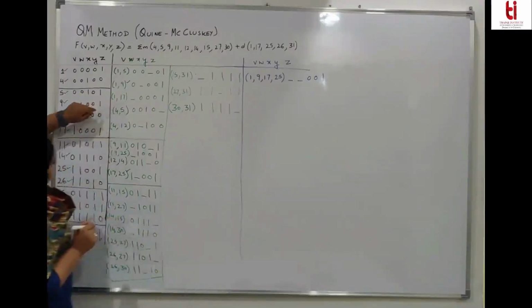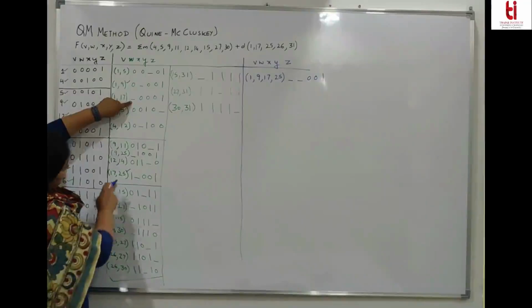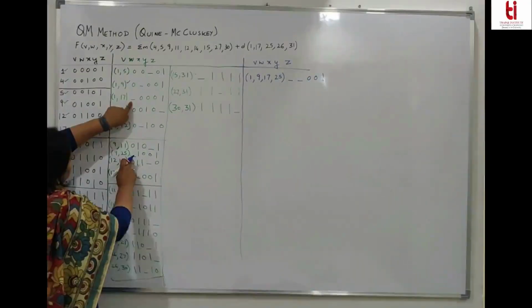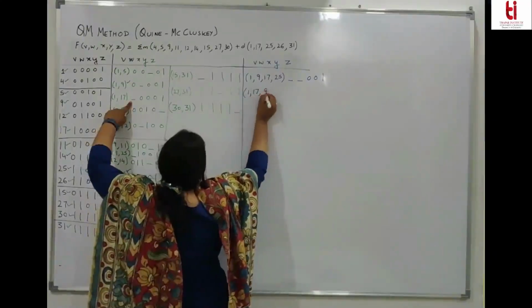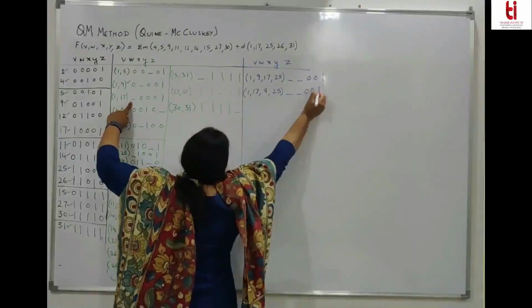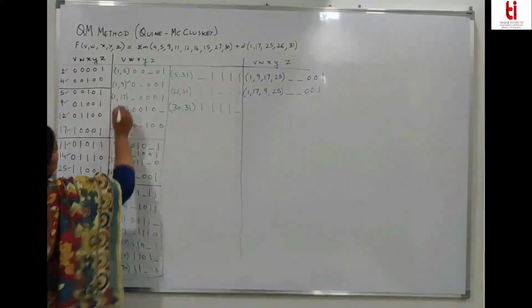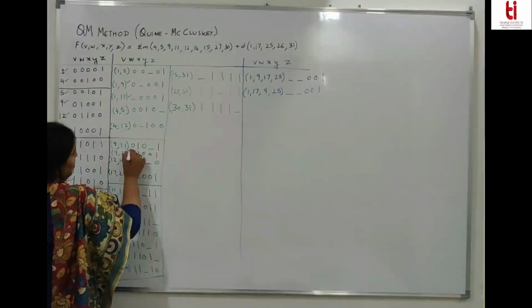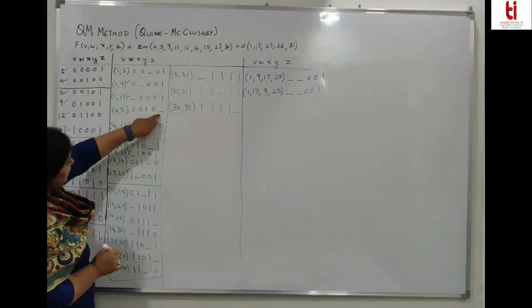Then third, dash is at first position, MSB. And this, can you match them? Yes. 1, 17, 9, 25. They are same actually. 1, 17 and 9, 25. Now dash is at the last position.